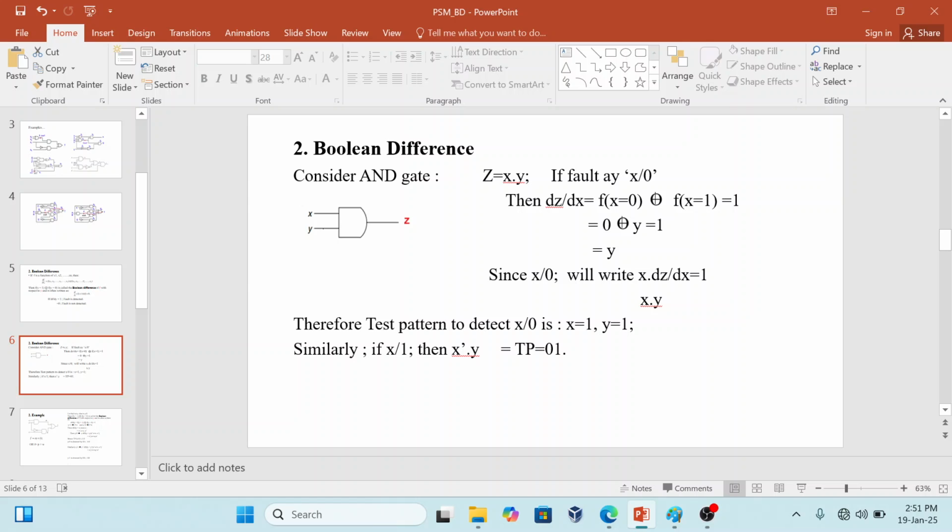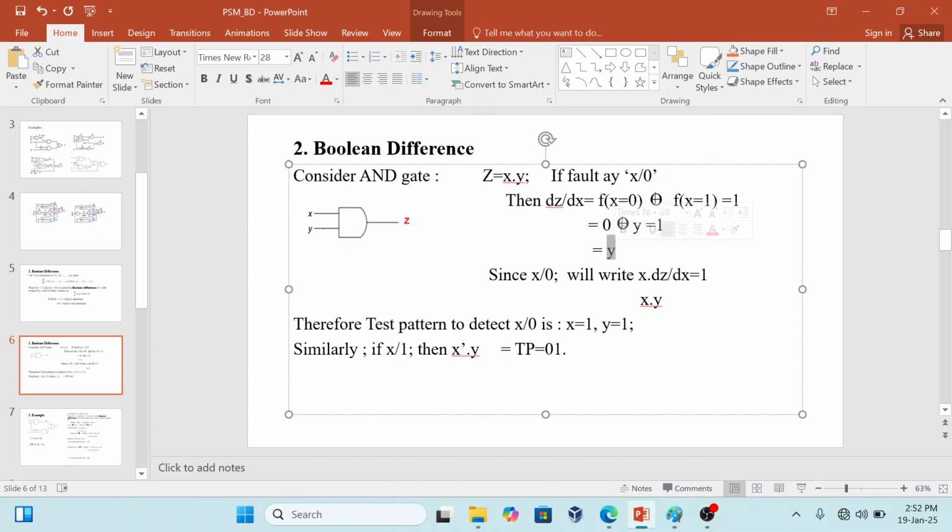So now, substituting x is equal to 0 in z, I will get 0, XOR with substituting x is equal to 1, I will get y. So XOR operation of 0 XOR with y is nothing but y. So in order to find out x stuck at 0, I will be rewriting that as x into dz by dx, which is equal to 1, that is nothing but x into y, whatever I have got here for dz by dx as y.